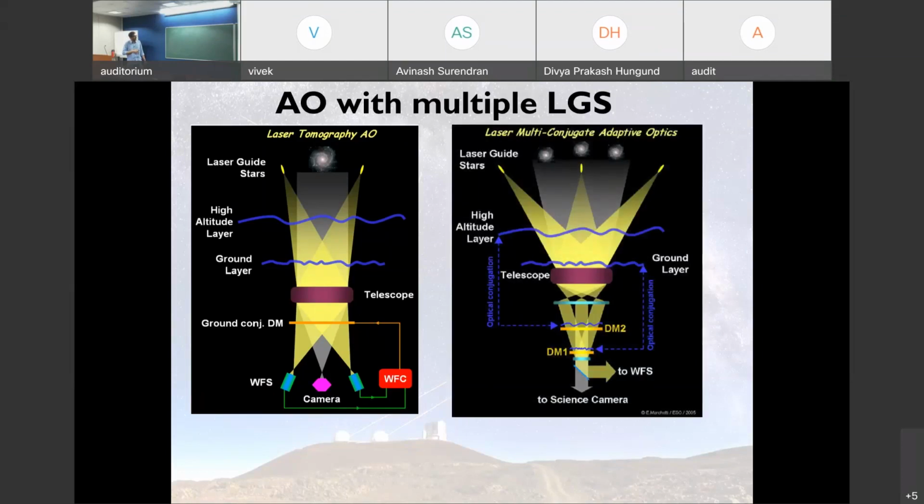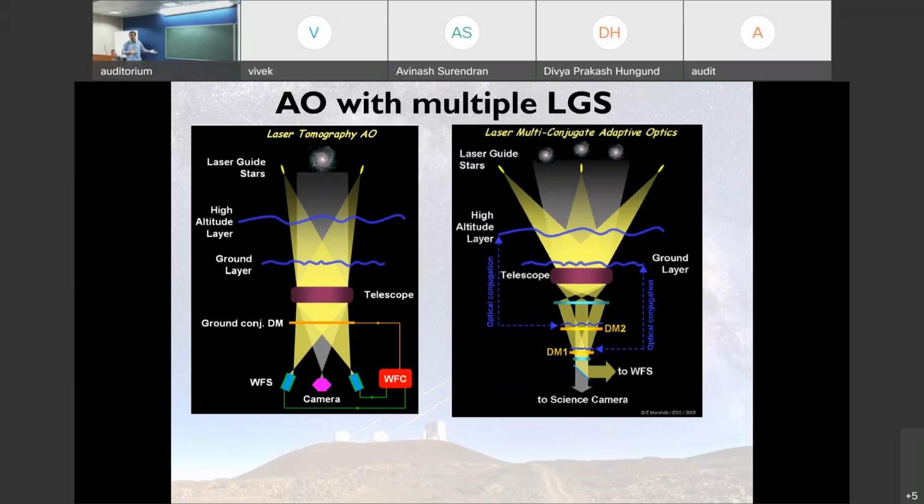And there are multiple varieties of this. TMT, for example, is using what is called the laser multi-conjugate adaptive optics system, where instead of just one DM, you use 2 DMs and the lasers are much farther apart. You get a much lower Strehl ratio, but at a much wider field of view in this case.